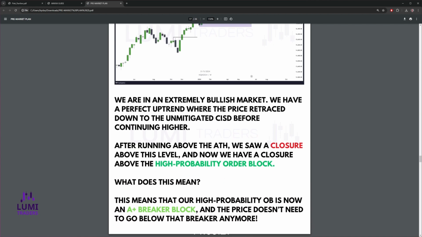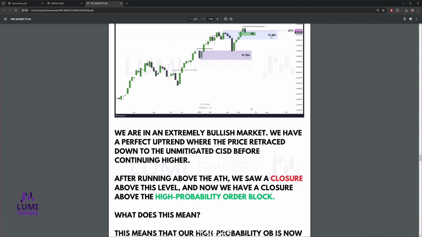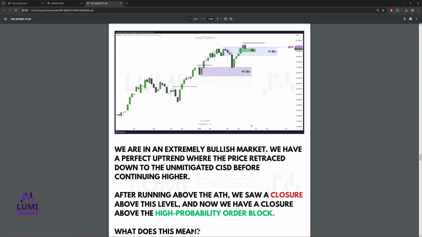So after running above all-time high, we saw the closure once again above this level, above this buy-side liquidity. Now we have a closure above high probability order block. Why high probability? Because this was a fake break of structure to downside and price wants to go back to premium, for example. If it's not fake, we can anticipate reaction from this order block to continue going lower. But why is it fake?